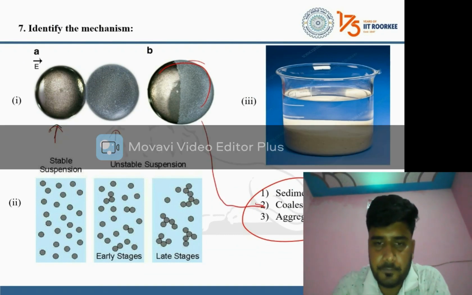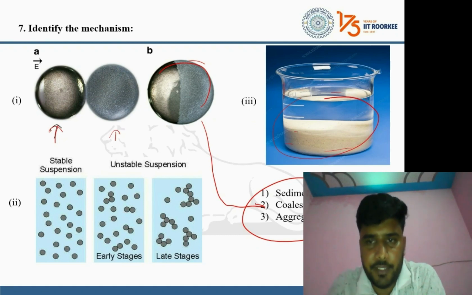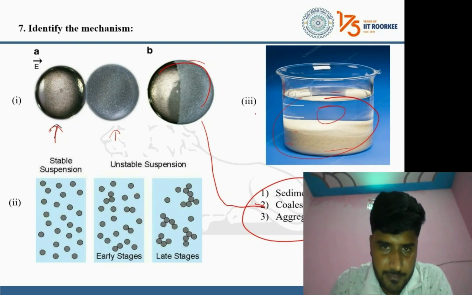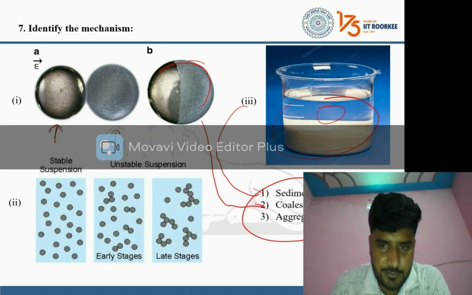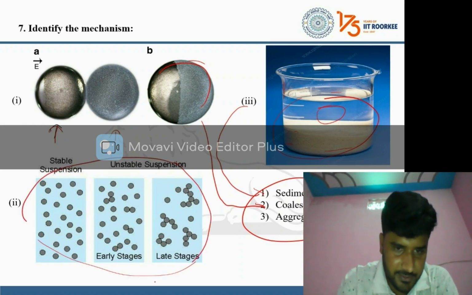Similarly, you can see here the particles are settled down. So they have no interaction affinity with this dispersion medium. So the third mechanism is called the sedimentation. And the remaining one you all know is the aggregation.